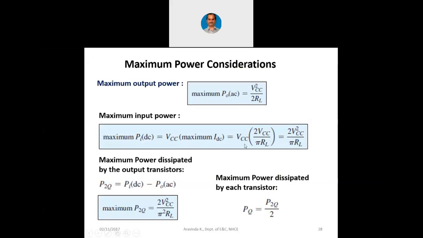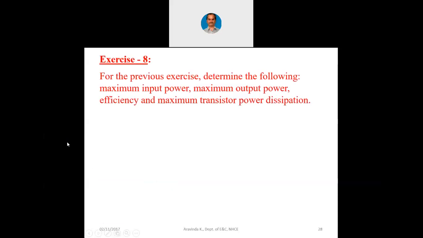Maximum input power is 2 into VCC squared divided by pi RL. This we had discussed in the previous class. The maximum power dissipated by the output transistors is P2Q, and applying the maximum power formulae, we get maximum P2Q as 2 VCC squared divided by pi squared RL. These are the formulae which we have to use for the present exercise.